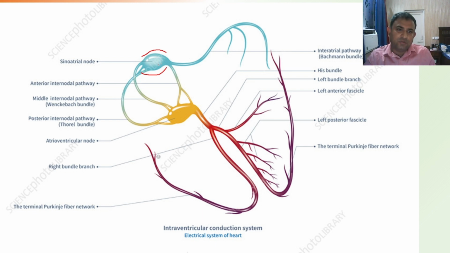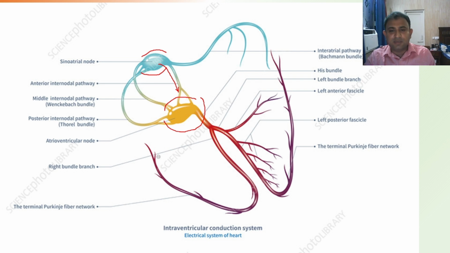From the sinus node, the impulses are conducted to the AV node. The AV node is also called the gatekeeper of the heart. It protects the heart from various other eddy currents, and of course it is insulated. After a generalized delay, the impulses are conducted further down to the bundle of His.